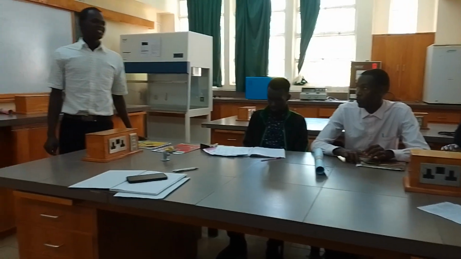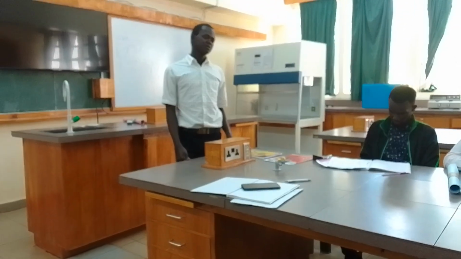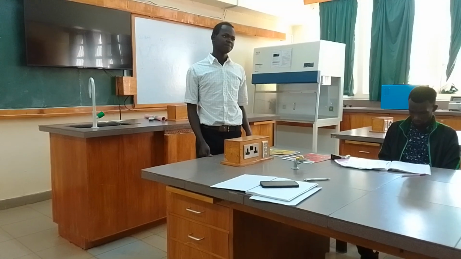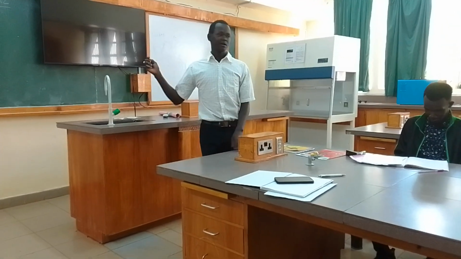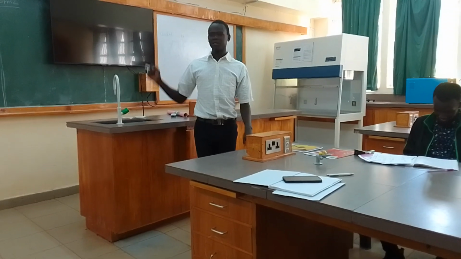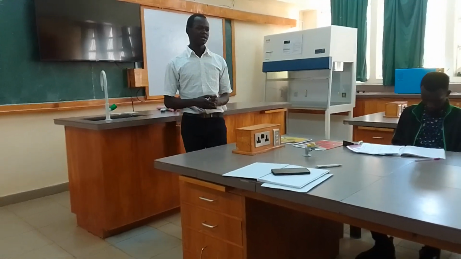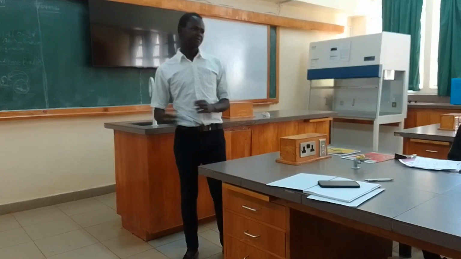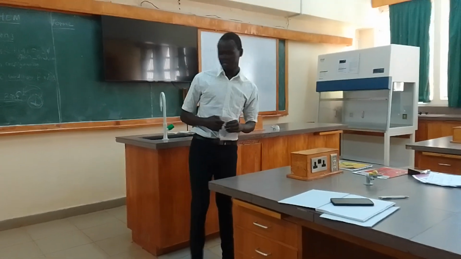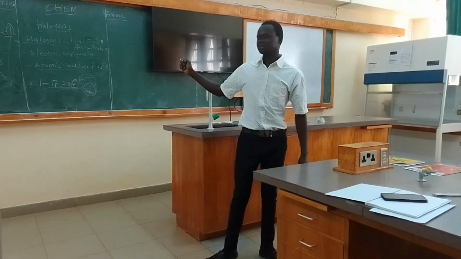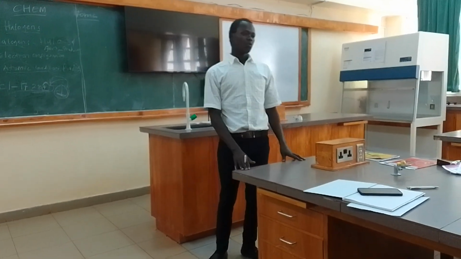James, what did she say? Say that the reason why ionic radius is larger. That means you are not concentrating. We said that the ionic radius is larger than the atomic radius due to the repulsive effect between the existing electrons and the incoming electrons. Remember I said halogens form ions by gaining one electron.